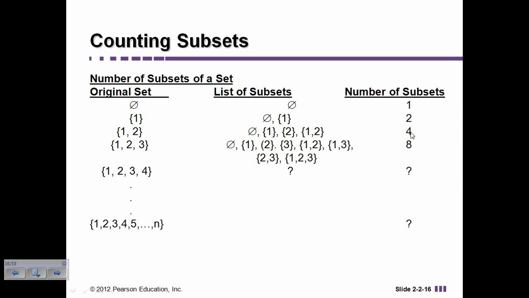We just saw an example where we came up with all 4 of them. If there are 3 elements in the set, then there are 8 subsets. So if there are 4 elements in the set, how many subsets do you think there will be?